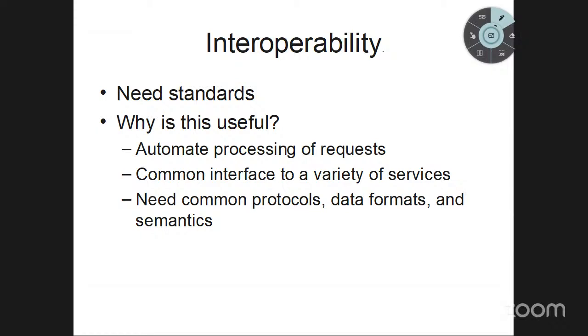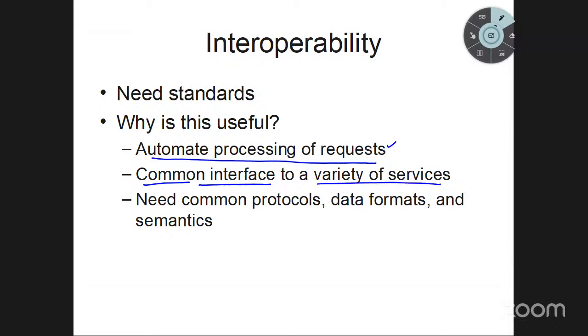Here, it will automate the processing of requests. Next, we use a common interface for a variety of services.